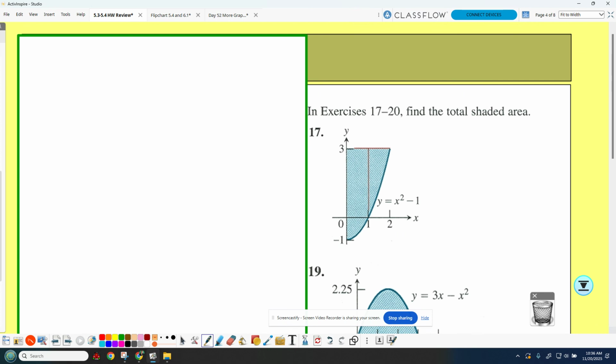Take the integral from 0 to 1 and add 3 to it. Because that's this rectangle, and then for the second one, you take the integral and subtract it from 3 again.